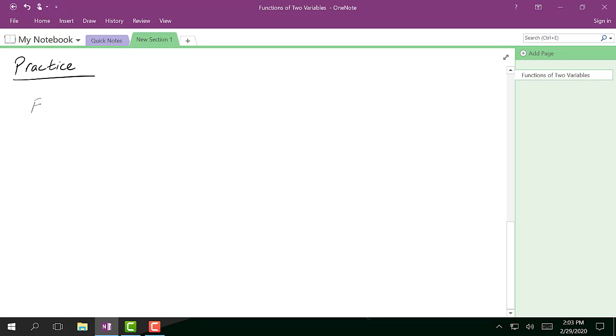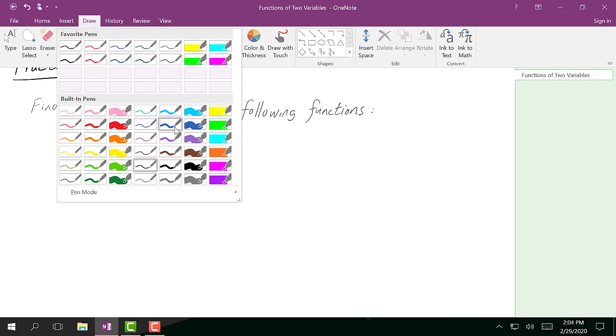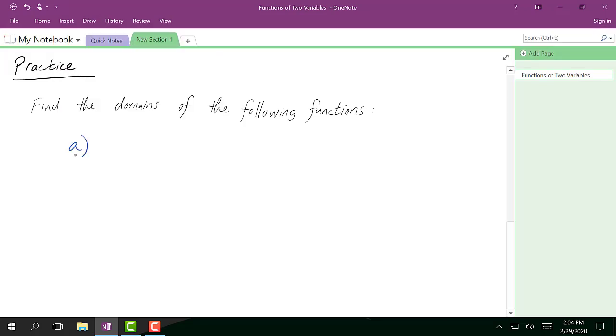So we're going to find the domains of the following functions. In part A, we're going to do f of x, y equals the square root of x plus the square root of y.